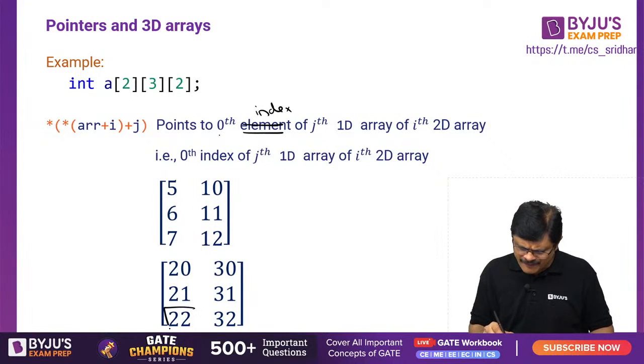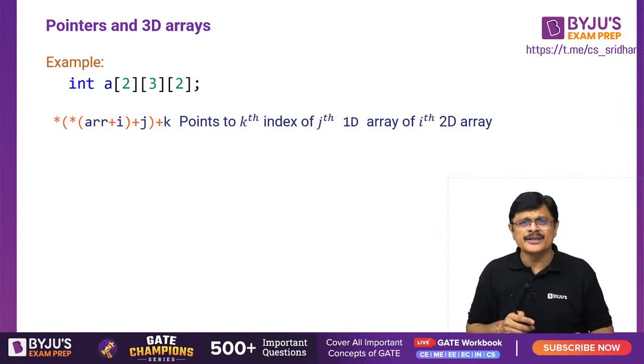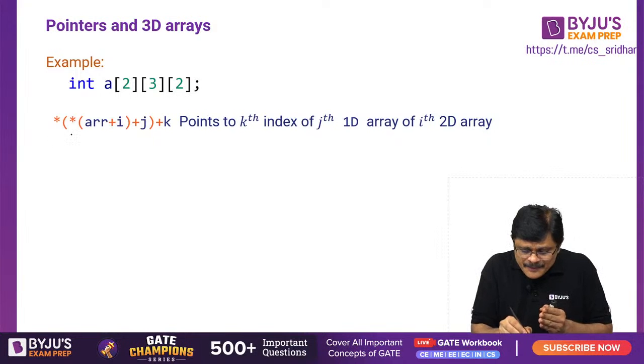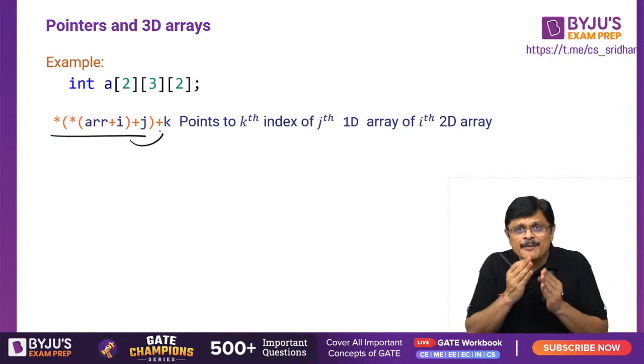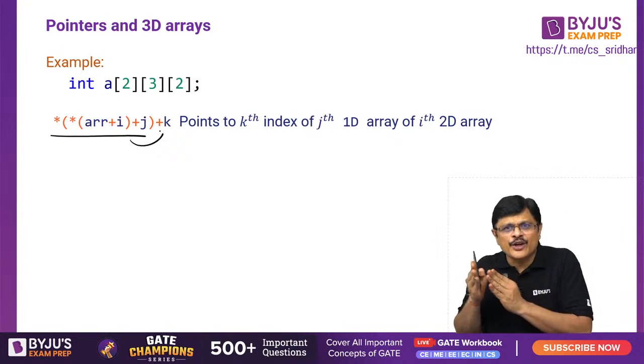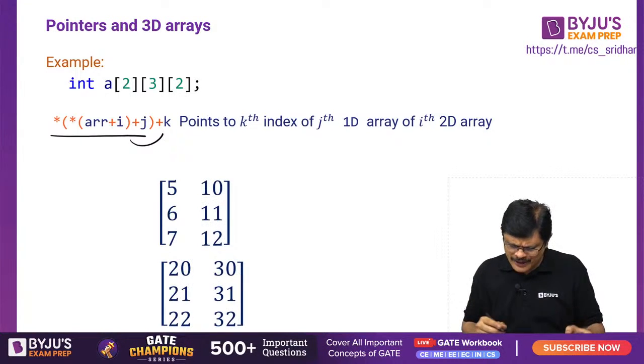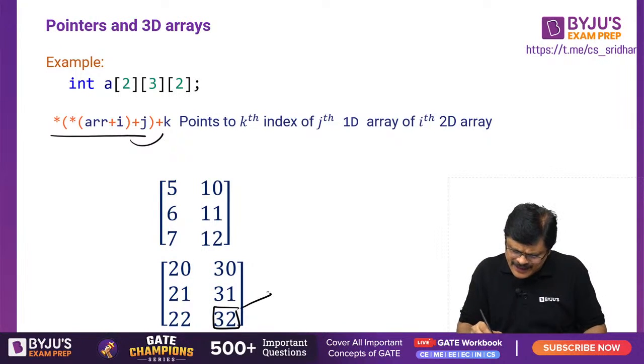So we are referring to this particular fellow, as I told you. Now suppose you do star for this, you are going to get that particular value. And without doing star, if you add k, you are going to get the kth offset, or move to the kth element. For example, what is this particular element equal to?